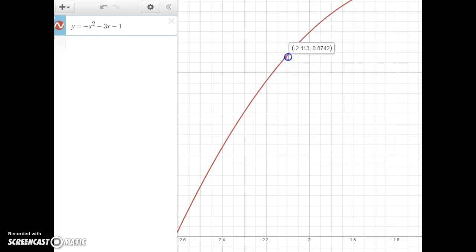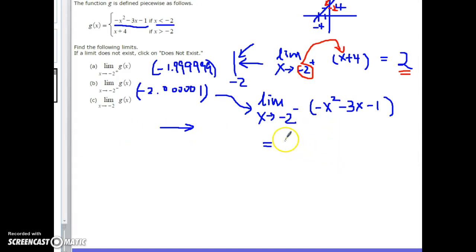As my x gets closer to negative 2, my y value, you can see that it is now 0.995. If I bring it a little bit closer, so now my x is negative 2.001, my y value is 0.999. So as I get closer, my y value will get closer to 1.